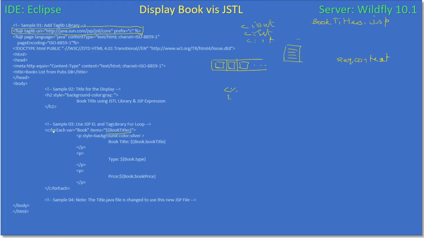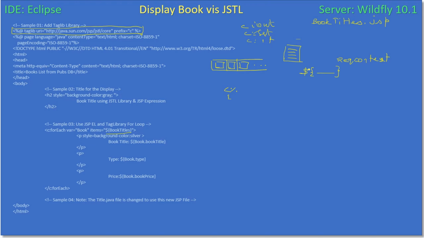Previously we used the for each loop with begin and end to form a for loop. Here, we are using the for each from the JSTL library, and items is the attribute; using this attribute we are giving a collection. We access a variable using dollar curly braces, then the variable name.